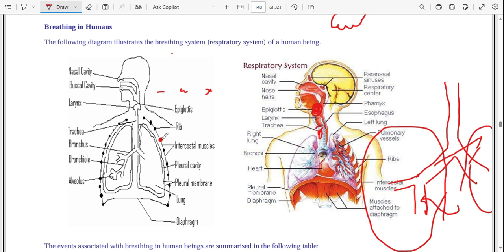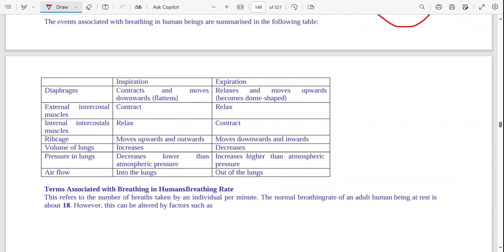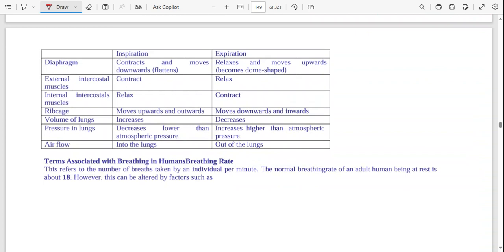This is a rib, this is a rib, and between them you have muscles. We call those intercostal muscles. Those which are inside we call internal intercostal muscles, and those which are outside we call external intercostal muscles. Each one of these will perform a function in breathing.